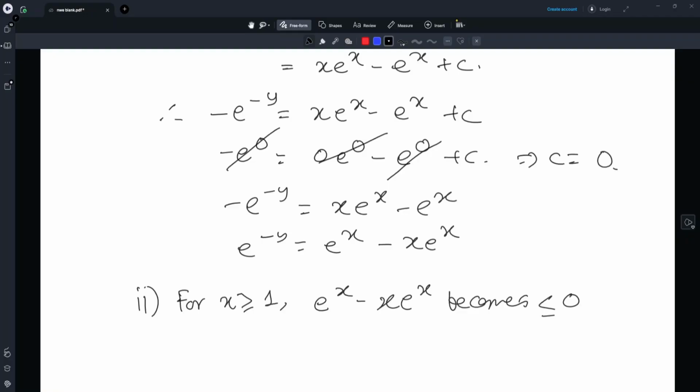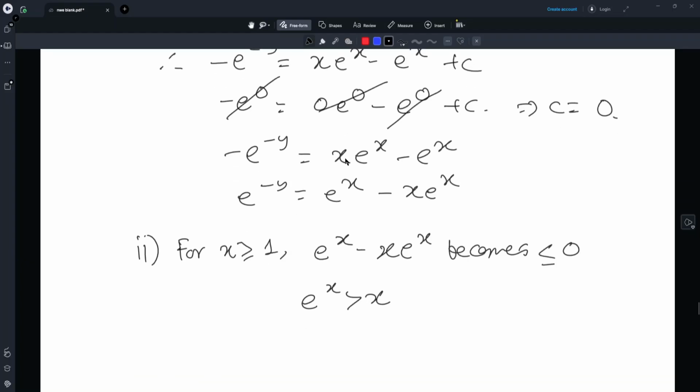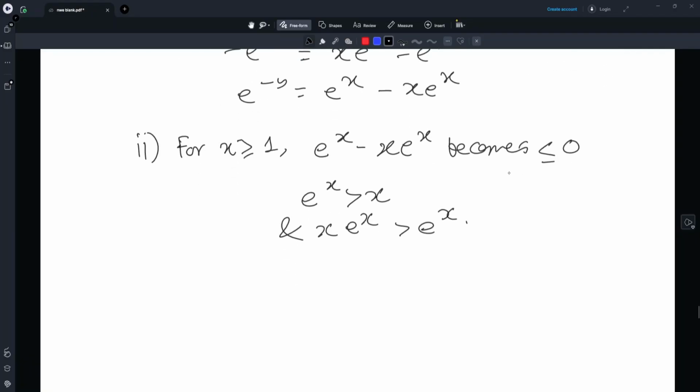How? As e to the power x is greater than x, if I multiply x with e to the power x, then this is actually greater than e to the power x. So therefore, this thing becomes less than or equal to 0, and e to the power minus y cannot be less than or equal to 0. An exponent cannot be less than or equal to 0.